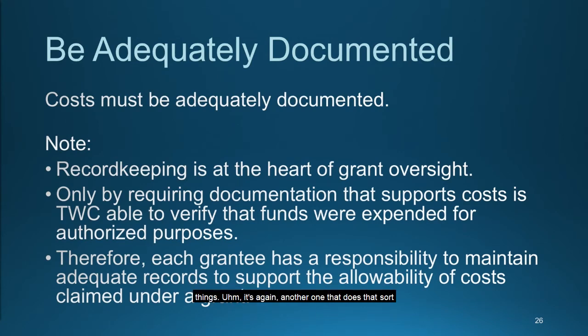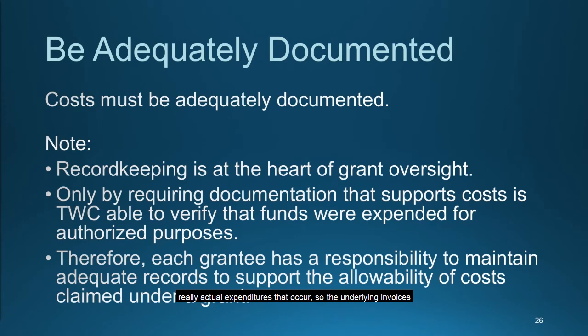It's, again, another one that's sort of deceptively simple. It's your accounting records, your general ledgers, your journals, the journal entries and all of that. It's that, as well as the supporting documentation that shows these are actual expenditures that occurred.